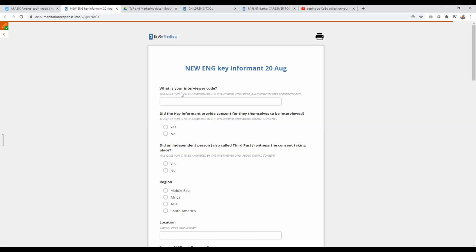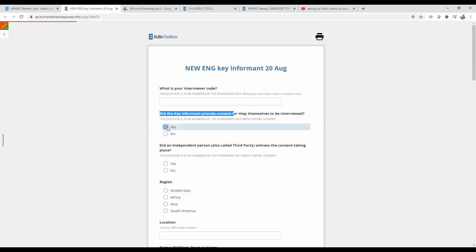In this case, what we're going to ask is, did the key informant provide consent? So if you're meeting a child protection officer of another organization, like Save the Children, you would ask them, do you give me consent? Verbally. Yes, verbally. And so I don't need anything written.